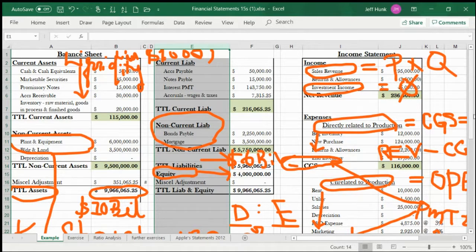Now that's the first level of definition of assets, what you own versus what you owe.